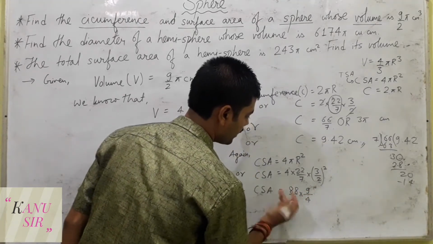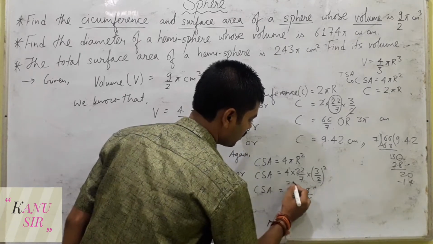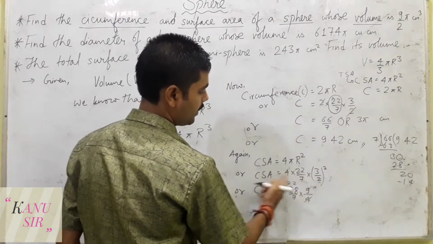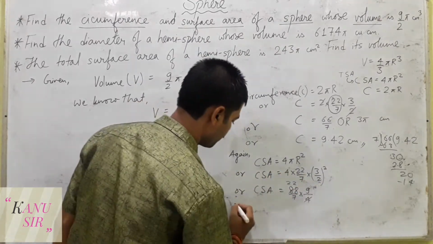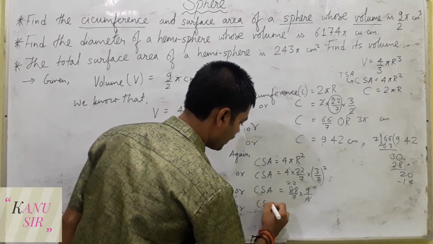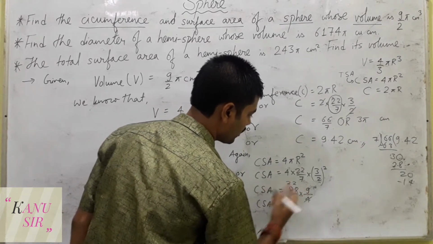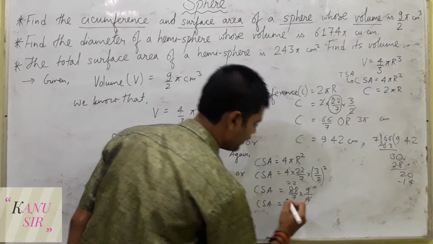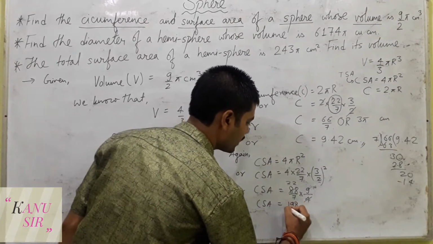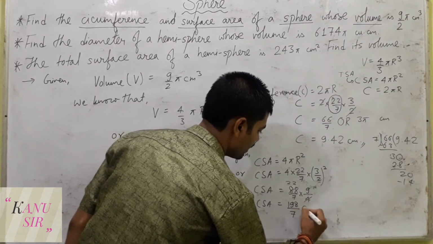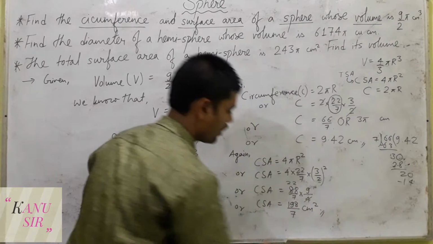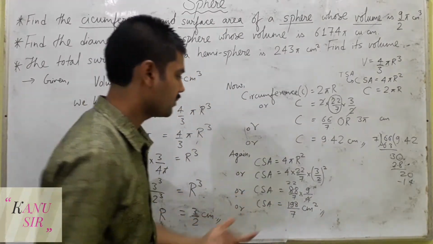Again you have to cancel here. 4 times 22, actually we should have cancelled here, the meaning is same. So CSA is equal to 22 times 9, which is 198 by 7 centimeter square. You can change this into decimal form.